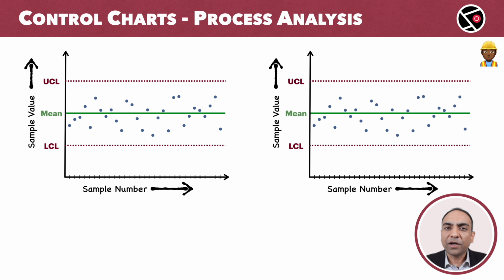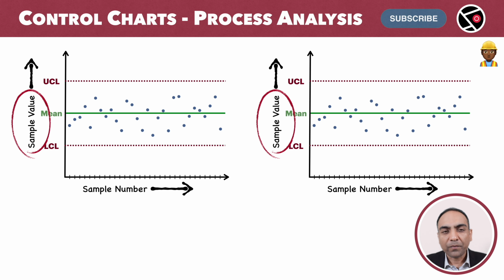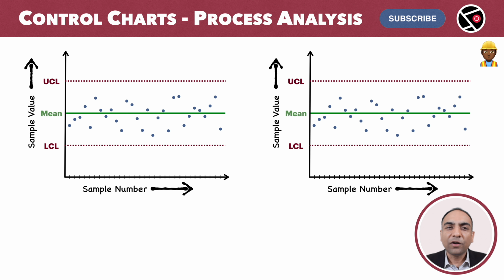To make the chart generic, I have replaced the bottle number on the x-axis with sample number. On the y-axis, I replaced volume per bottle with sample value. I will also get rid of the data points in the second chart. There are two important terms that I would like to introduce at this stage.